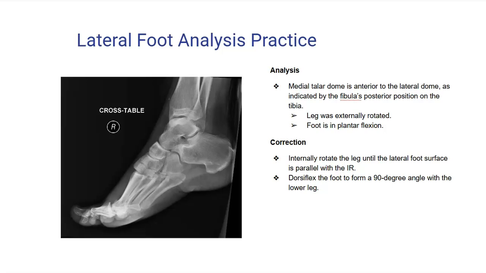In this case, the leg appears to be externally rotated and the foot is also in plantar flexion. We are not dorsiflexing this foot. In order to correct this imaging, we need to internally rotate that leg until the lateral foot surface is parallel with the IR and dorsiflex that foot to form a 90-degree angle with the lower leg.